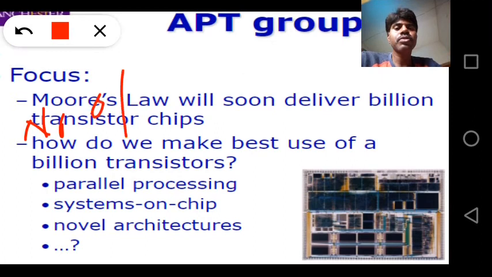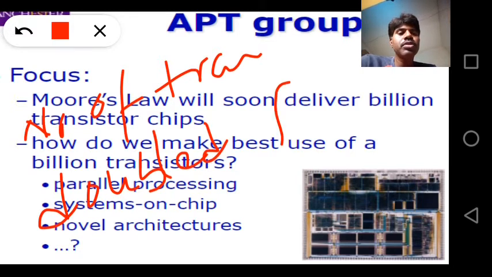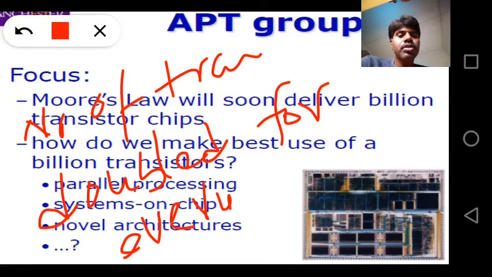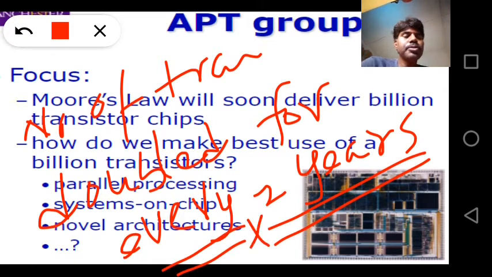The transistor count is doubled every 2 years. So it is almost doubled every 2 years.